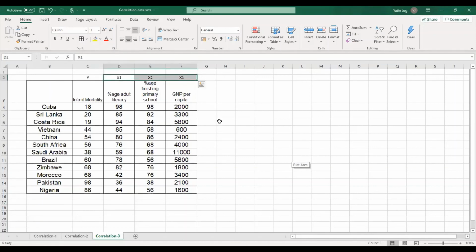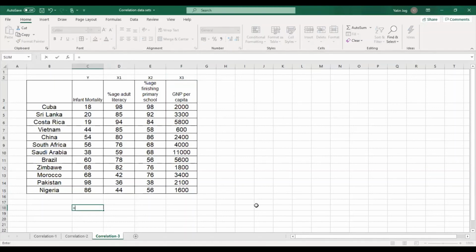First, we'll follow the same process. We'll try to find the relationship between Y and X1, then Y and X2, and then Y and X3, just to know how my independent variables are related to Y. So first I'll find the correlation.